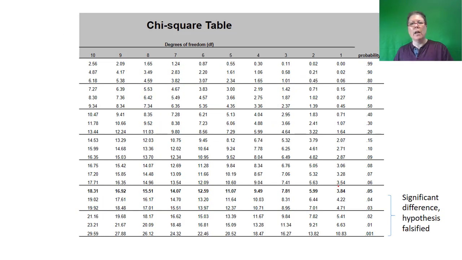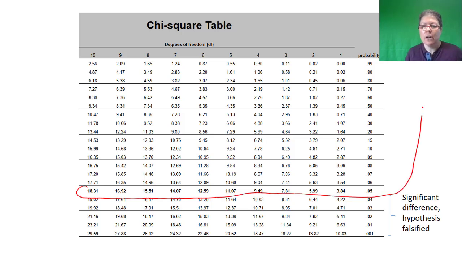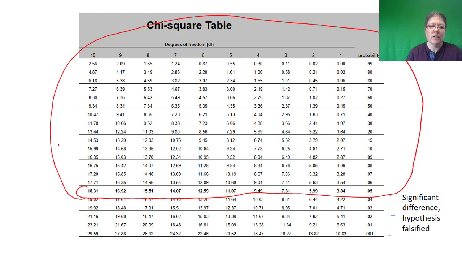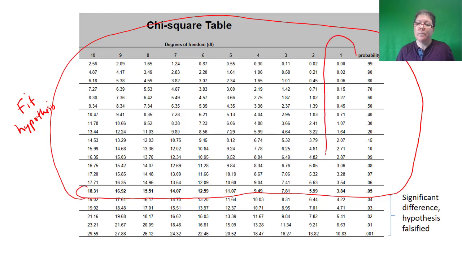It is, yay! Okay, so here we are. It's accepted that this is where we want to look. All of these fit our hypothesis, so the data fits the hypothesis if we're there. So how to read this? We go to degrees of freedom. We said we had 1 degree of freedom. We are going to look in this column.